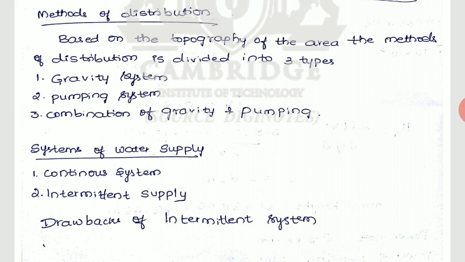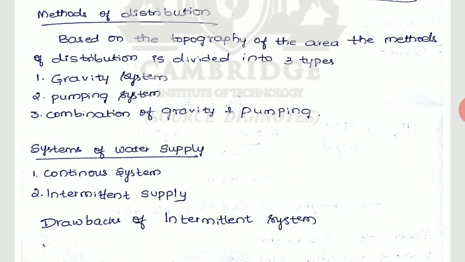And the third one is combination of gravity and pumping system. As I said, where the undulating terrain is there, sometimes up, sometimes down, again up and down. So undulating, it is going up and down. In this type of topography, both the gravity and pumping will be there.